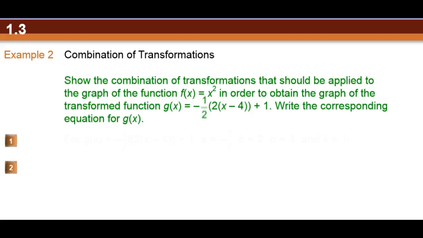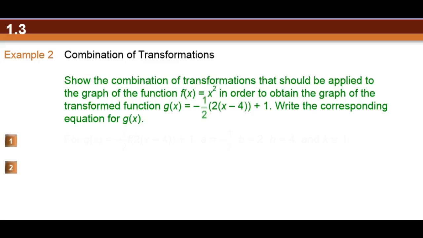Okay, and then our last thing is a vertical translation of 1 up. Okay, so that's how you would break down the equation and explain the transformations. And then we'll do the last example here.